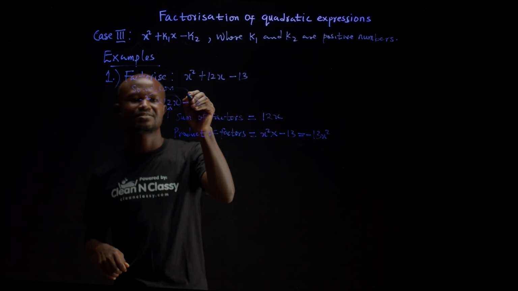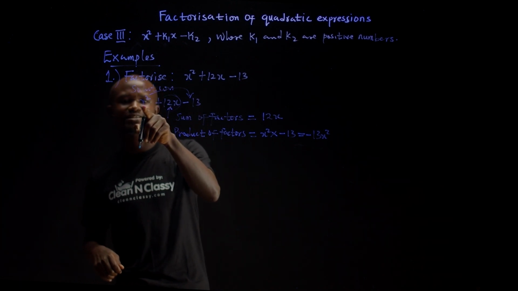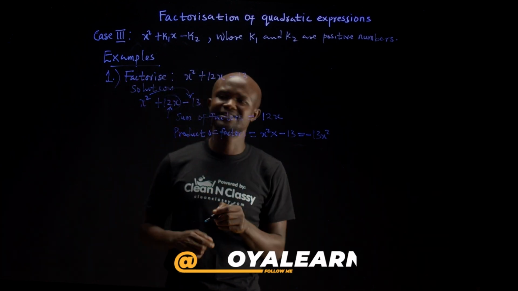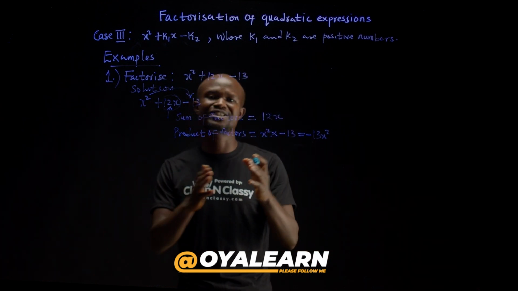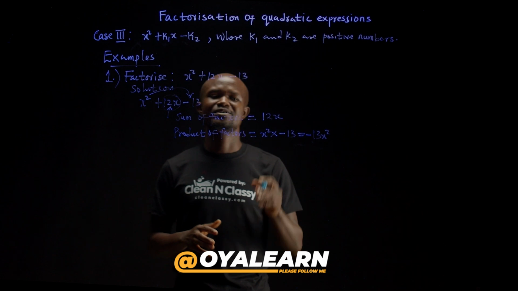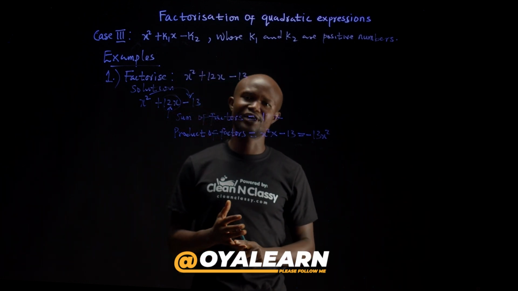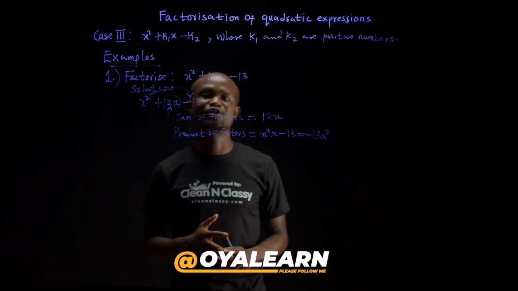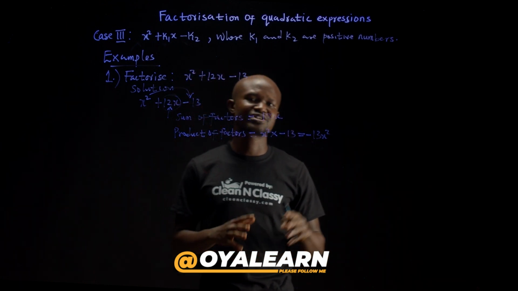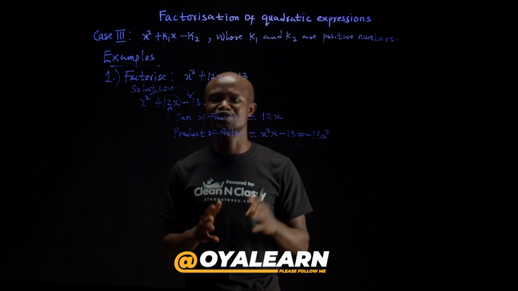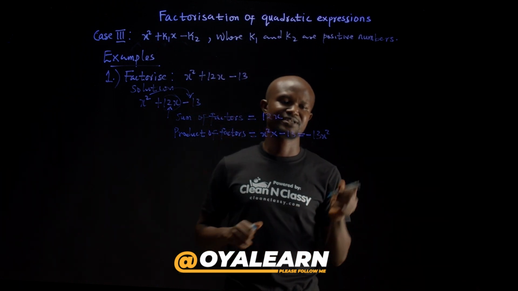Multiplying this x squared by minus 13, we have minus 13x squared. And for us to determine the factors, we know already that one should be positive and the other one should be negative. For us to determine the factors, we focus on the product.